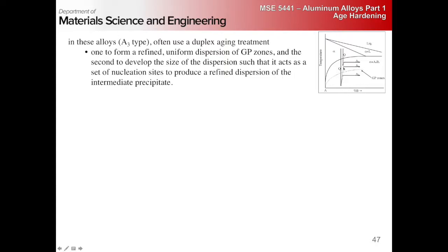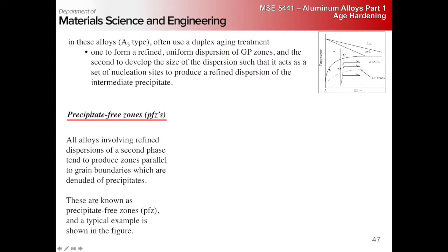So really this is more of a duplex heat treatment. We quench, we'll hold below the GP zone solvus for a very short time, and then raise it up above the GP zone solvus to nucleate the phase that we actually want.